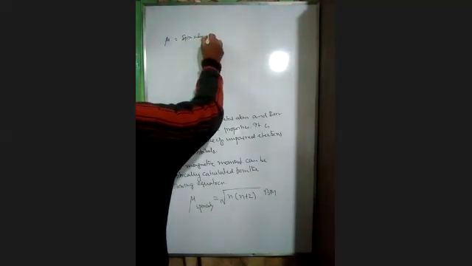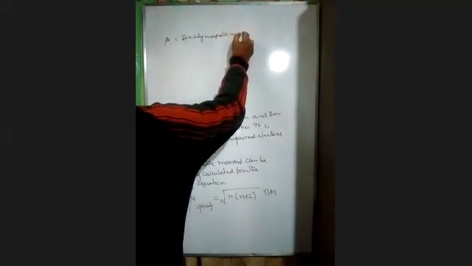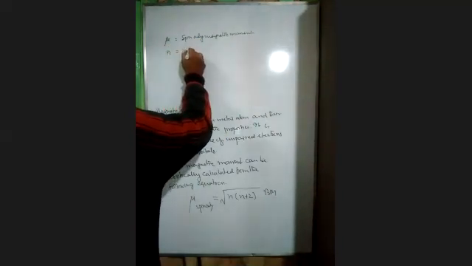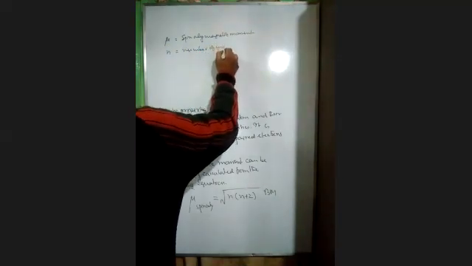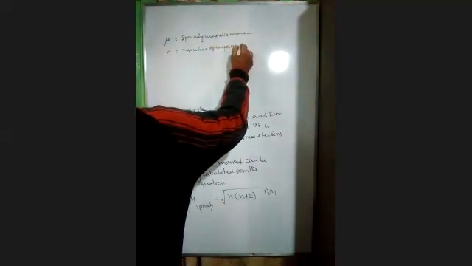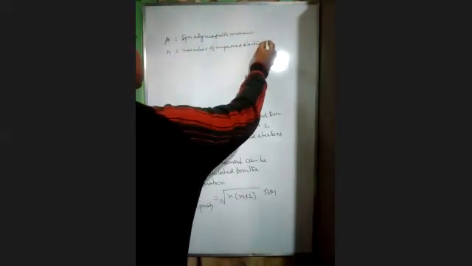So what is mu? It is spin only magnetic moment. What is n? n is the number of unpaired electrons. And what is BM?